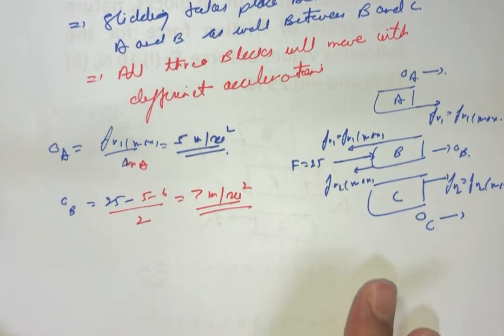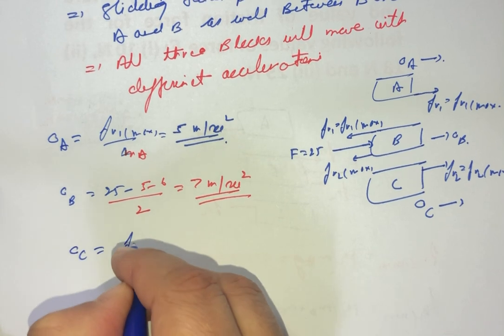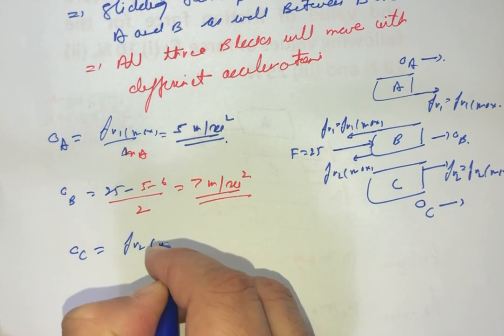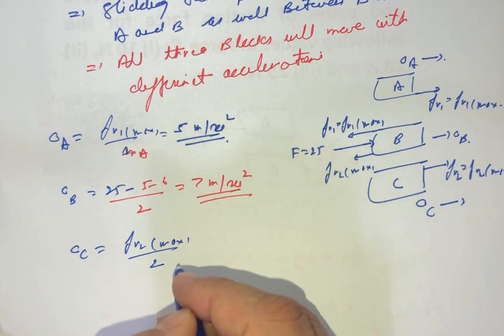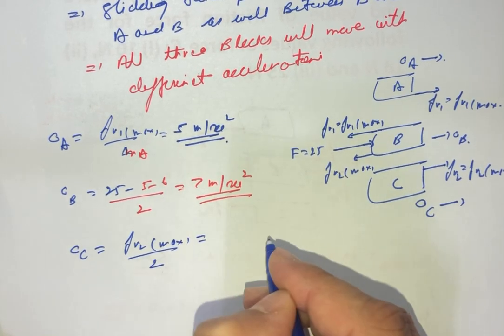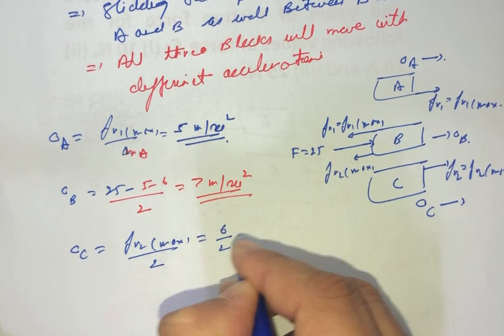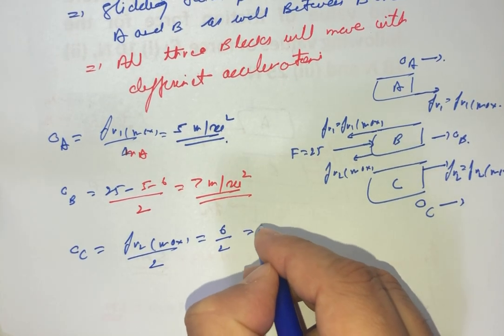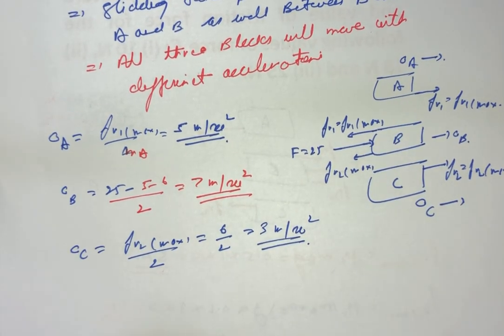And finally we get the acceleration of C, which is Fr2 max upon 2, and Fr2 max is 6 divided by 2, which we get as 3 meter per second square.